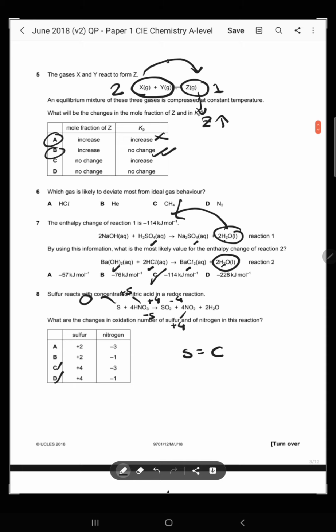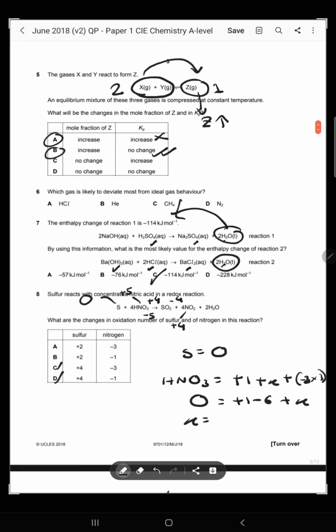Whenever something is alone, its oxidation number is 0. In HNO3, hydrogen is always +1 unless it is bonded to a metal, like in sodium hydride, where it becomes -1. Nitrogen is unknown. Oxygen is almost always -2, so -2 into 3. Everything must add up to 0 since the molecule is not charged. +1 minus 6 plus x.